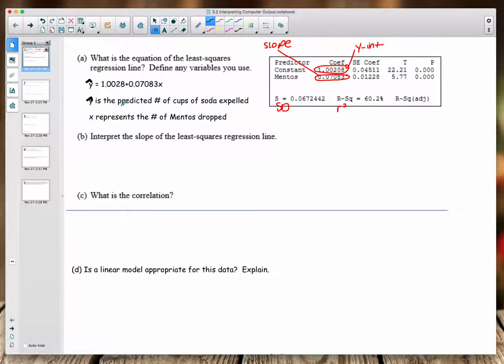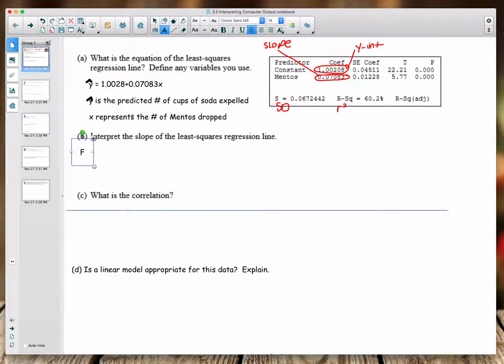Okay, so interpret the slope of the least squares regression line. We have already had a little bit of practice with this. So remember, you always talk about it in terms of x, whatever your x represents increasing by 1. Your y is going to be doing whatever number that slope is.